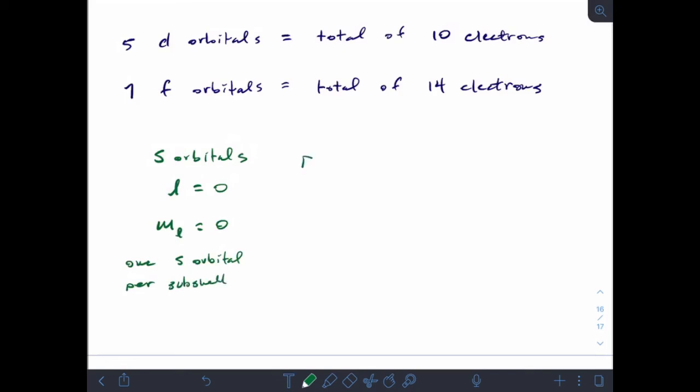Right, p orbitals, we have an L value of 1, so m sub L is -1, 0, or 1. So 3 p orbitals per subshell.